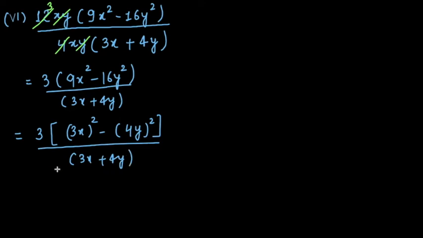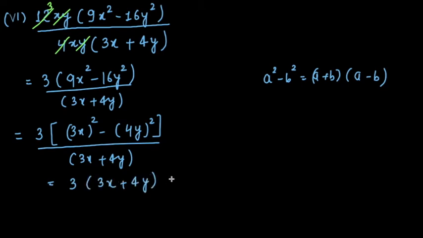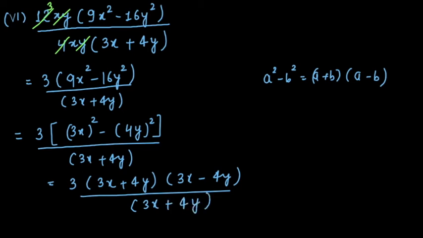Now using the algebraic identity which we have done, a square minus b square as a plus b into a minus b, it is very important to write the identity with each part. 3 into, this can be 3x plus 4y, and this can be 3x minus 4y, and then you have 3x plus 4y, right? So this 3x plus 4y you can cancel with this.